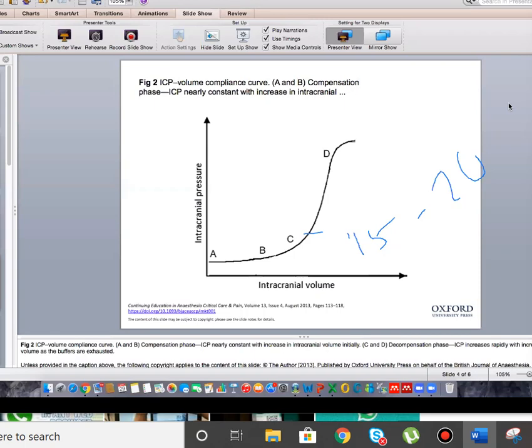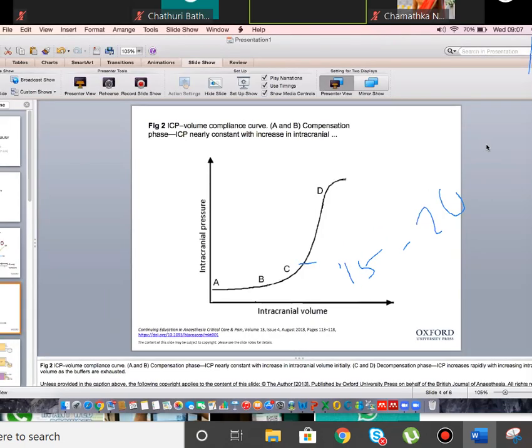So the skull, the cranium, is a rigid box, and the contents consist of CSF, blood, and brain matter. If one component increases, in order to maintain the intracranial volume constant, the other component should decrease.